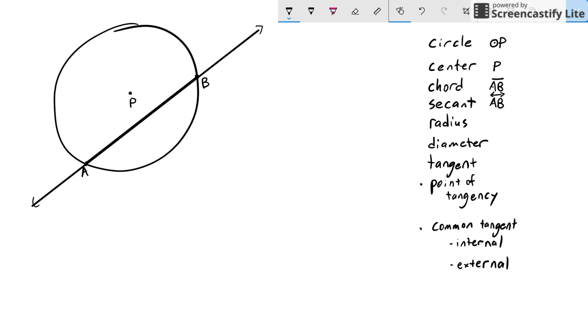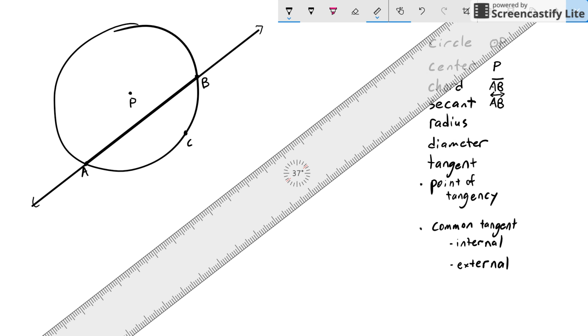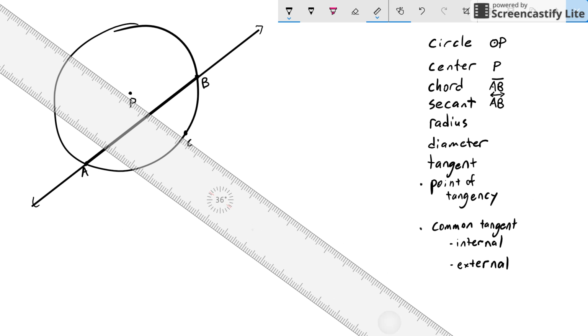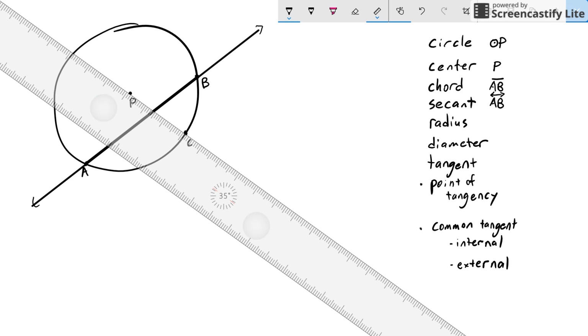Now for a radius, you should know what a radius is, but a radius is a segment that connects a point on the circle to the center of the circle. So let me call this point C. If I connect from P to C, that's a radius.